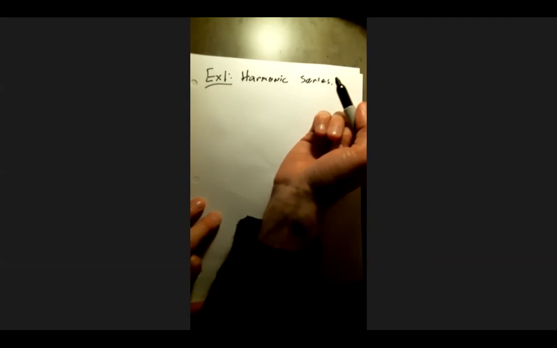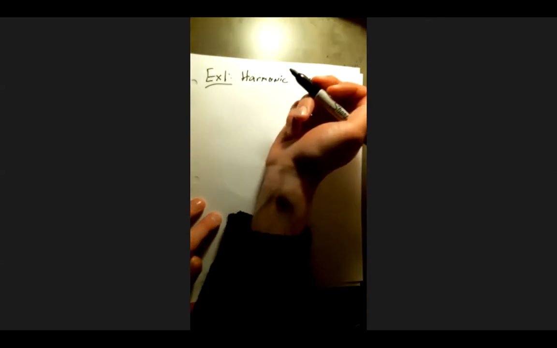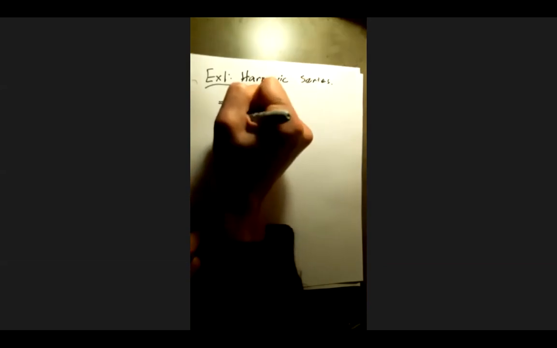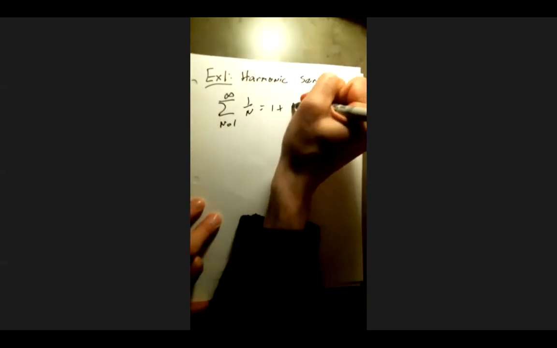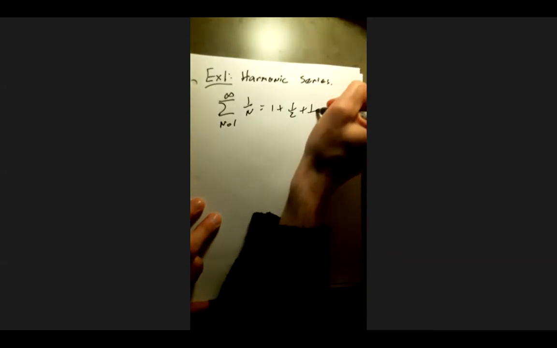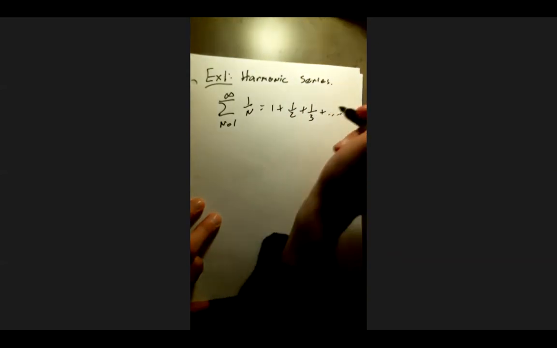What's the harmonic series? 1 over n, and so the 1 over n would give me the harmonic sequence. So if I want the harmonic series, I would need to do what? The sum of 1 over n, from n equals 1 to infinity. So this is 1 plus a half plus a third plus and so on.